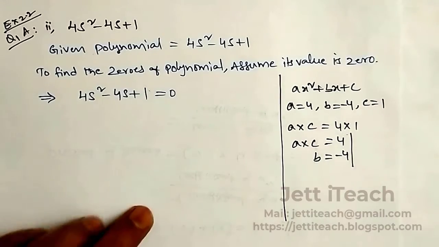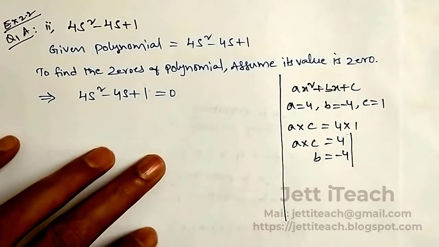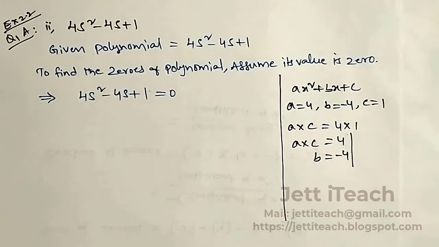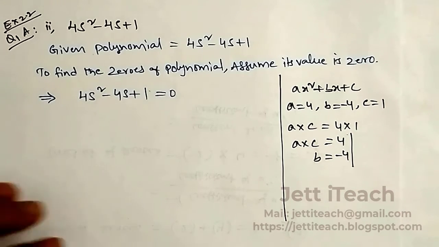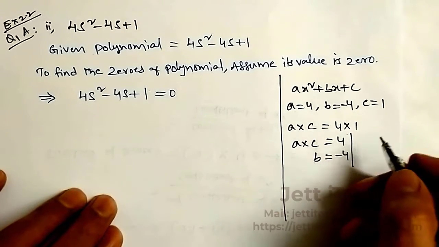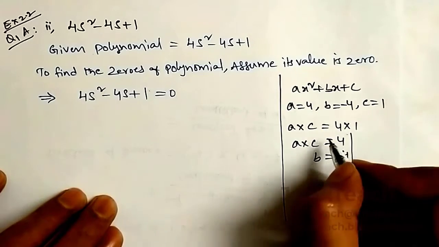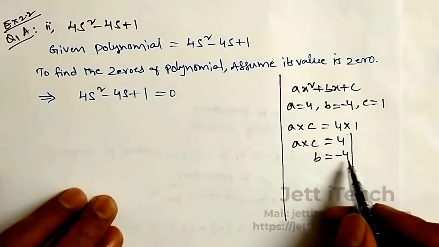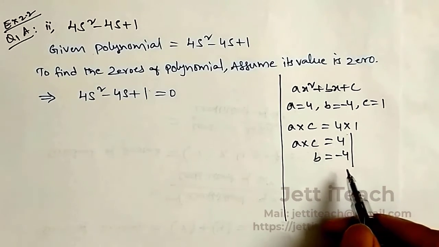Okay, so how can we write it? 4 means you can write 2 into 2, but 2 into 2 cannot give minus 4.